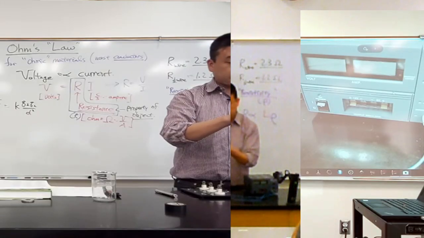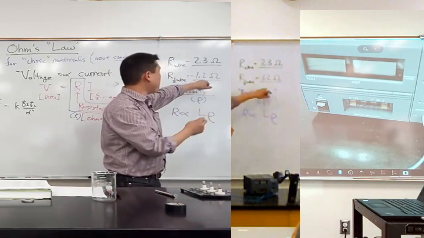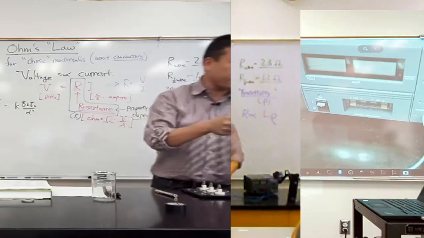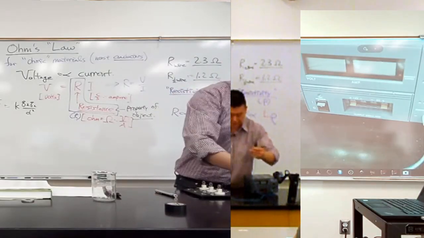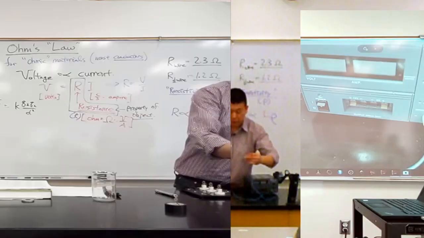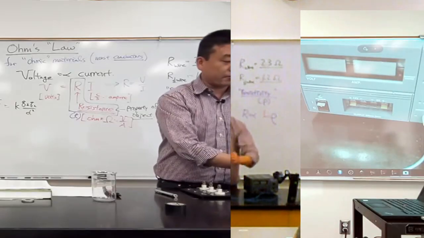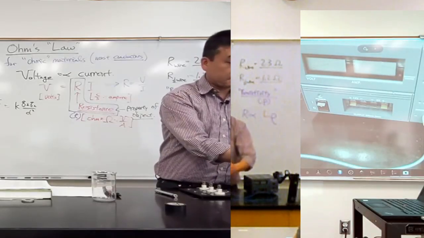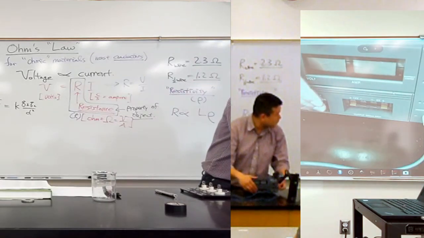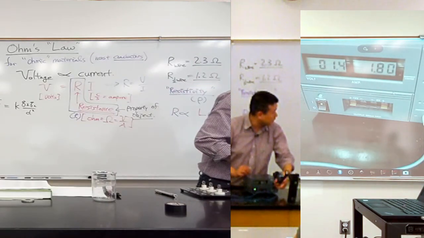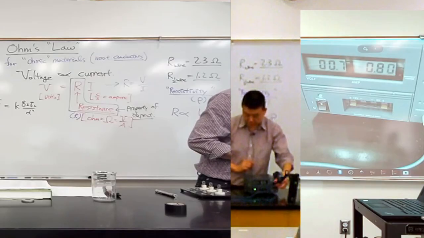What we said before was it should be about 1.2 ohm. The actual measured value was 1.4 ohm. At some point it's going to be harder and harder to measure, because I'm going to get too close to the resistance of the rest of the system. But let's just try it and see what we get. Turn it on. Did I break anything?